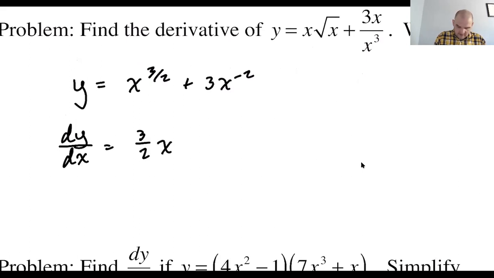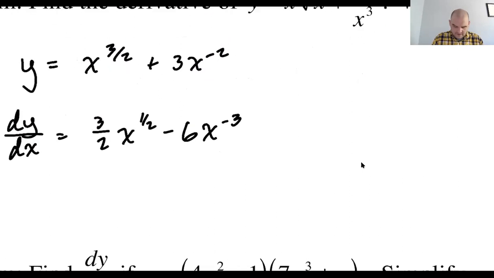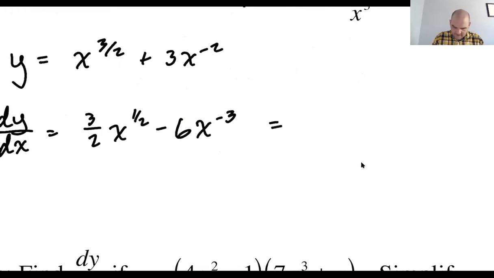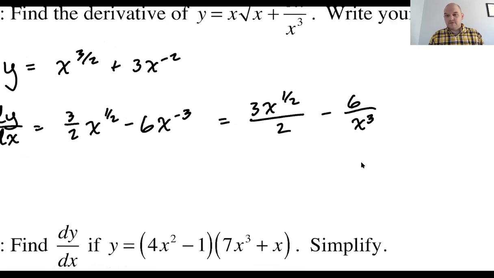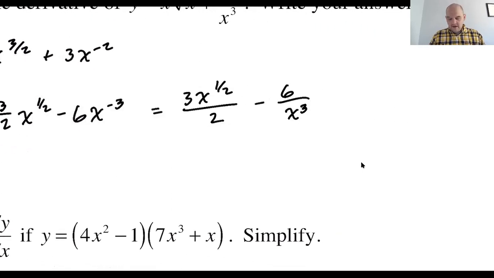3/2 x to the 1/2 minus 6x to the negative third. Okay, how do I simplify this? Well, make everything that can be a fraction, then look at your denominators, right? So 2 and x cubed.